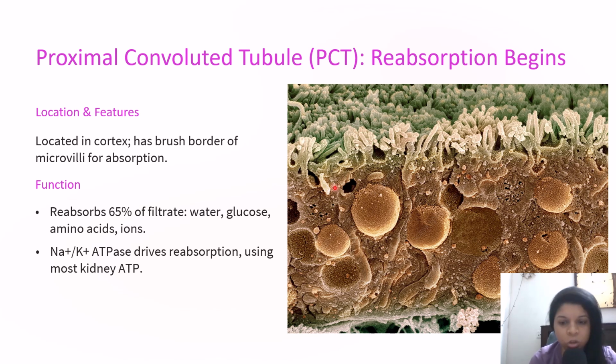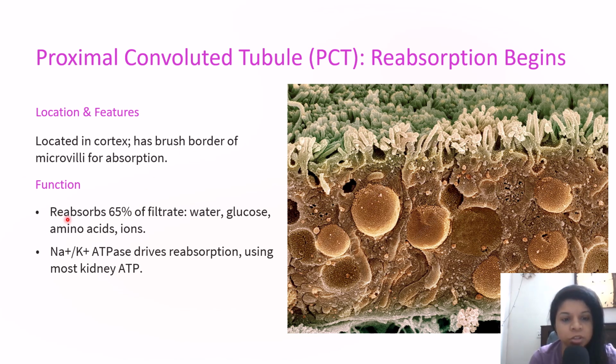It has mainly cuboidal epithelium, because the cuboidal epithelium is arranged three-dimensionally, like up and down and all. So you cannot see that exact square form, it might not be like an exact square or rectangle as you imagine, but this is how a cuboidal epithelium looks ultrastructurally. So PCT is lined by brush border cuboidal epithelium.